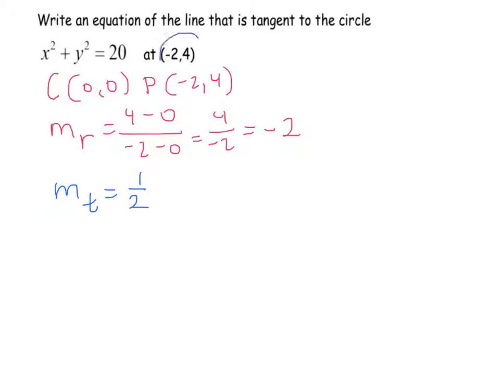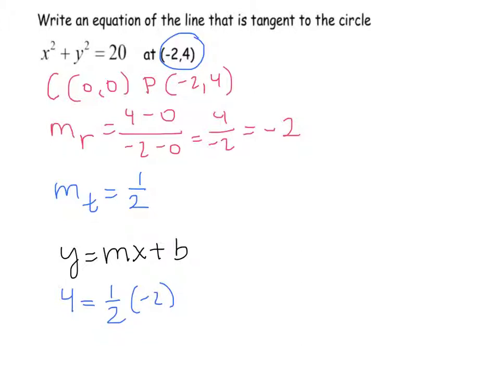Now I'm going to use the point to find the equation. So the equation is y equals mx plus b. So I will put 4 equals 1/2 times -2 plus b.